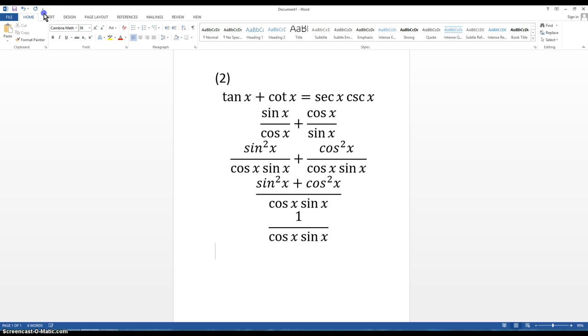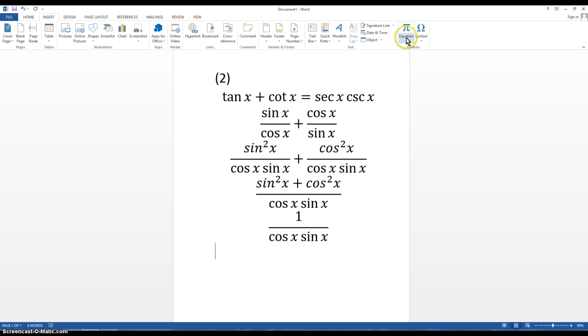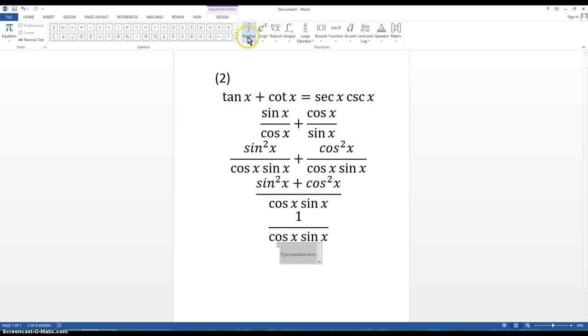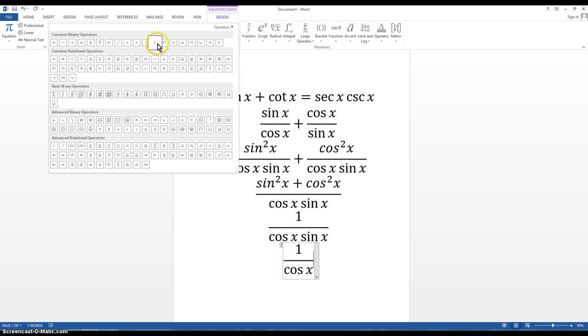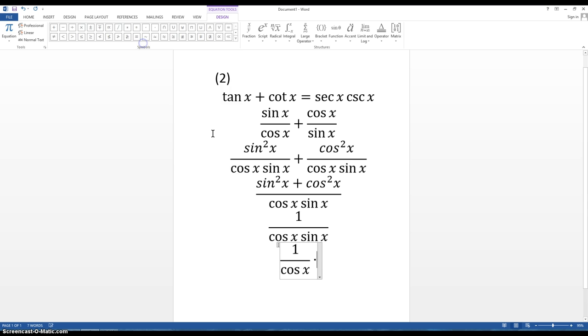And when you split up this fraction, you're going to get 1 over cosine of x times 1 over sine of x.